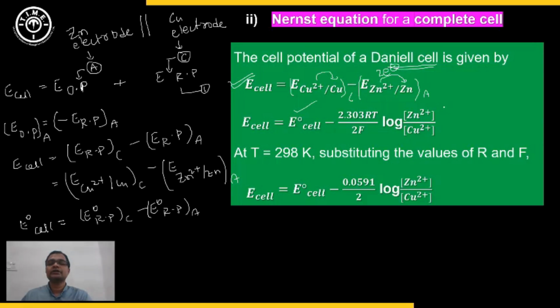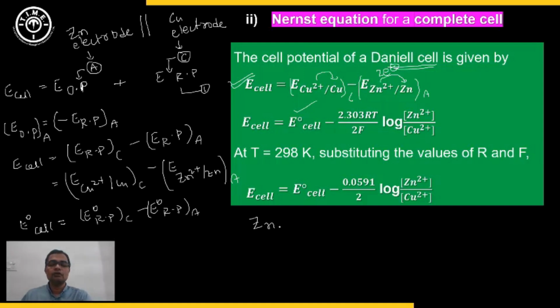How will you get this Q value? You will get it from the cell reaction. What would be the cell reaction here? Here the zinc electrode is the anode, so zinc gets oxidized. The copper electrode is the cathode, so Cu2+ gets reduced to Cu.